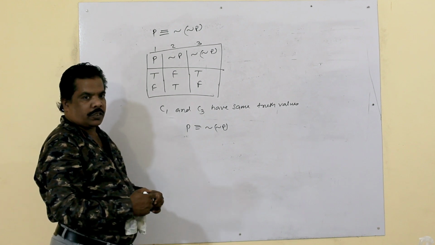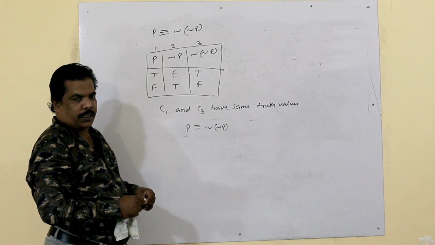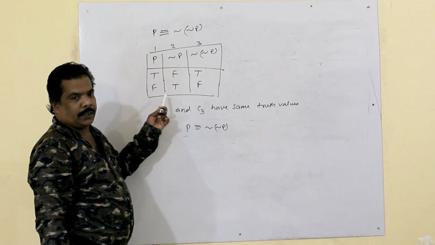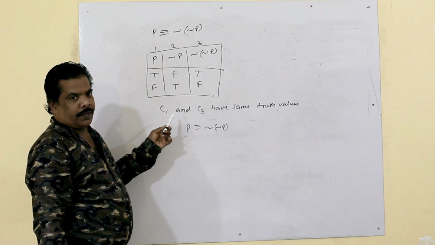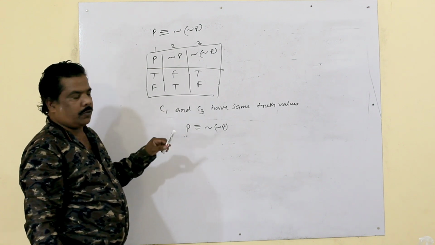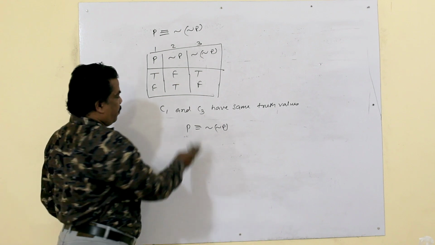Now, when we construct the truth table, we have to see how many prime components there are, either 1 or 2 or 3, and according to the prime components we construct the table. Let us see another example.